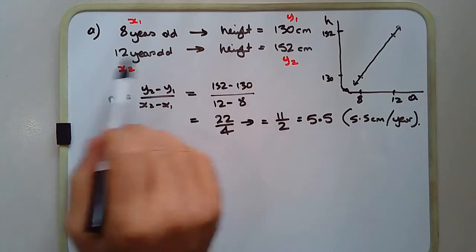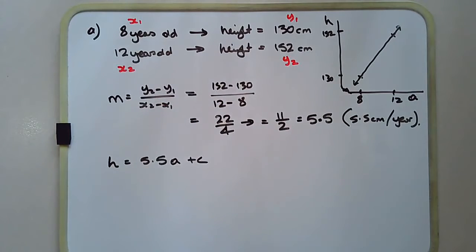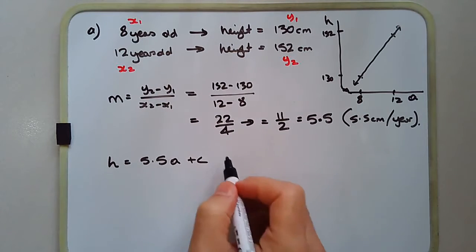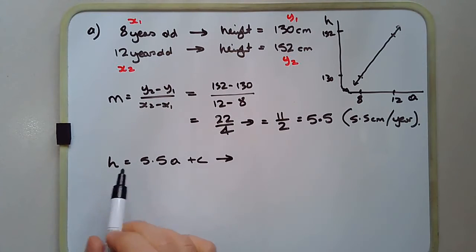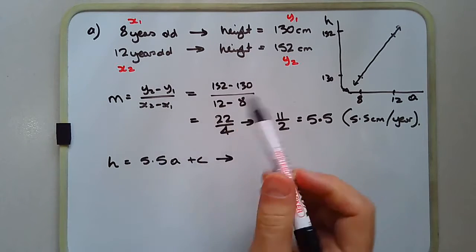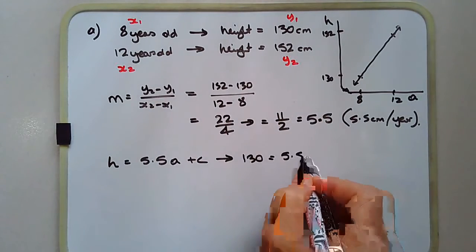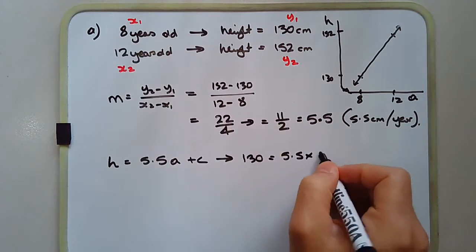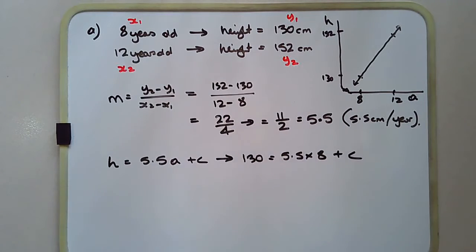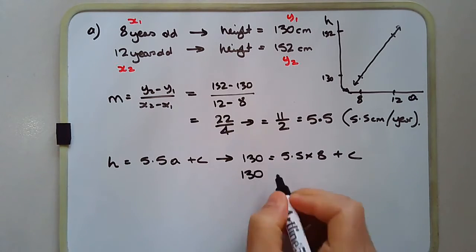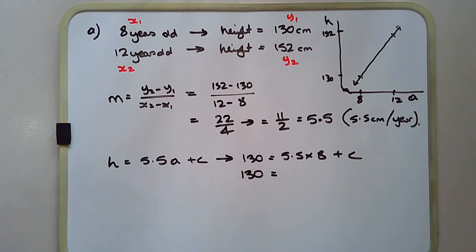We can use one of the original points. We can use 8 and 130 substituted into the formula, and we can find our value for c. So H is 130, which is equal to 5.5 times the age 8, plus c. That should be equal to 44 plus c.